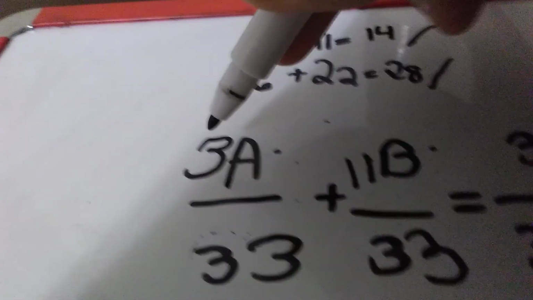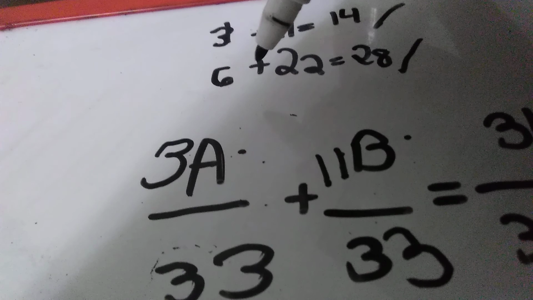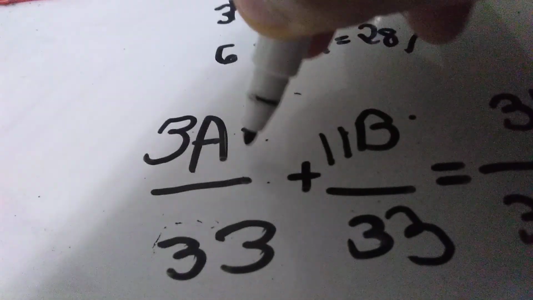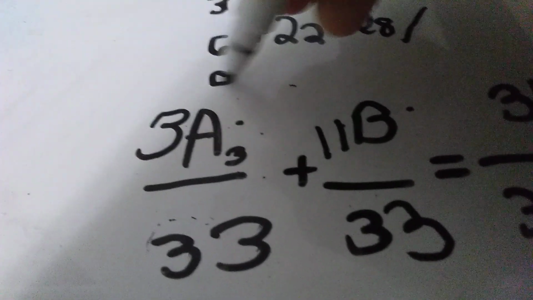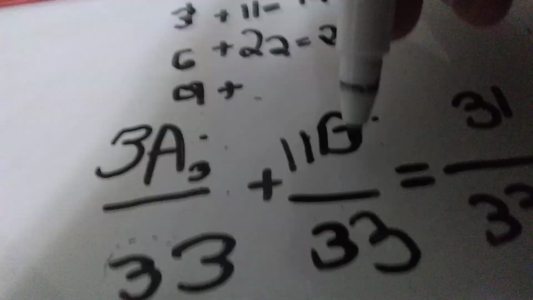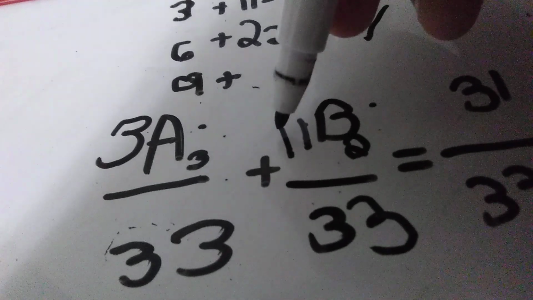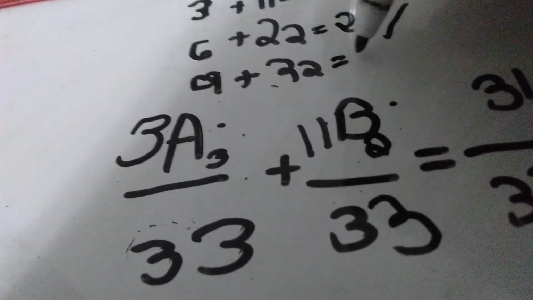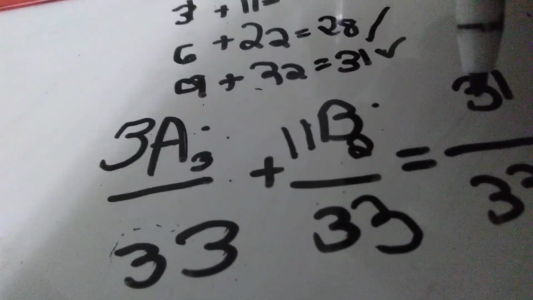Wait, that means that we're skip counting by 3 over here, which means that we can add another 3 over here. So if we have 3 A's, which equals 9, plus 2 B's, which would equal 22, we get 31, which is correct.